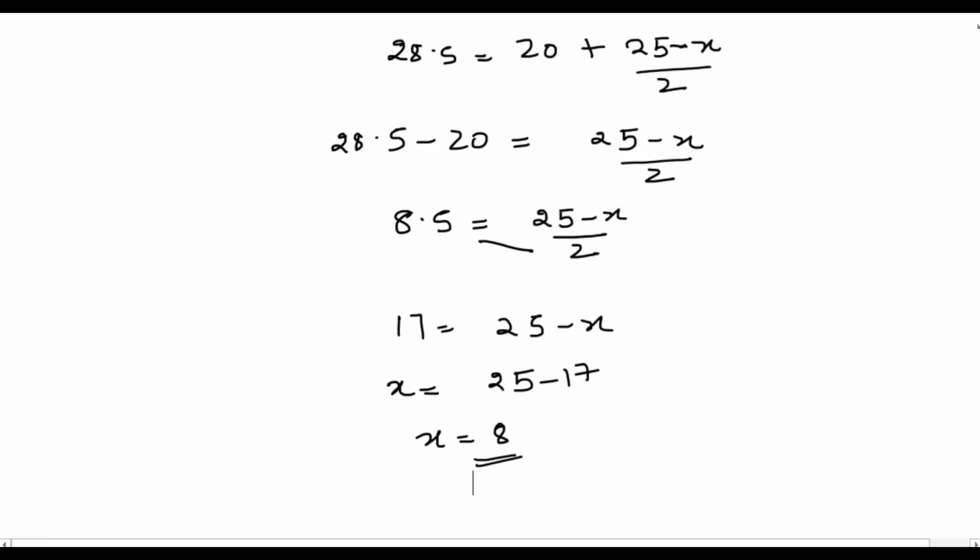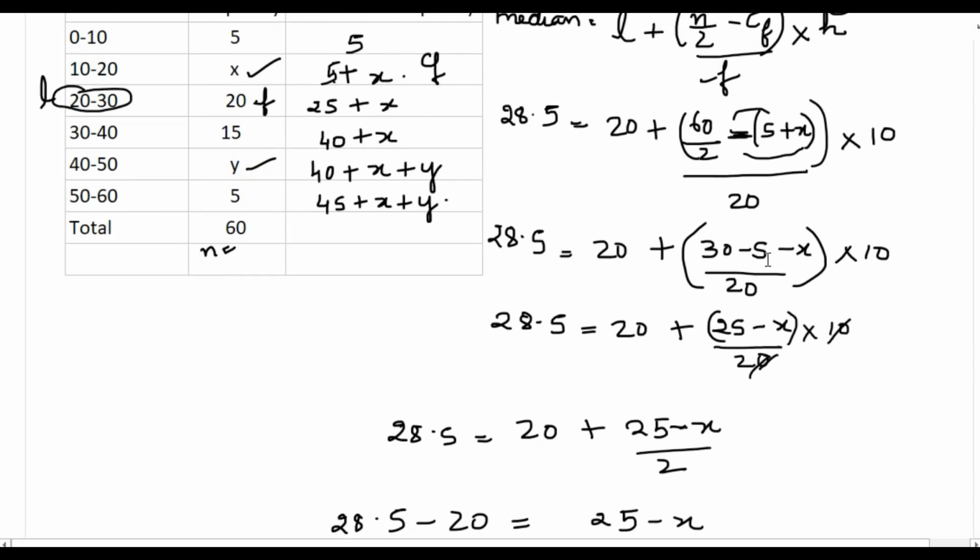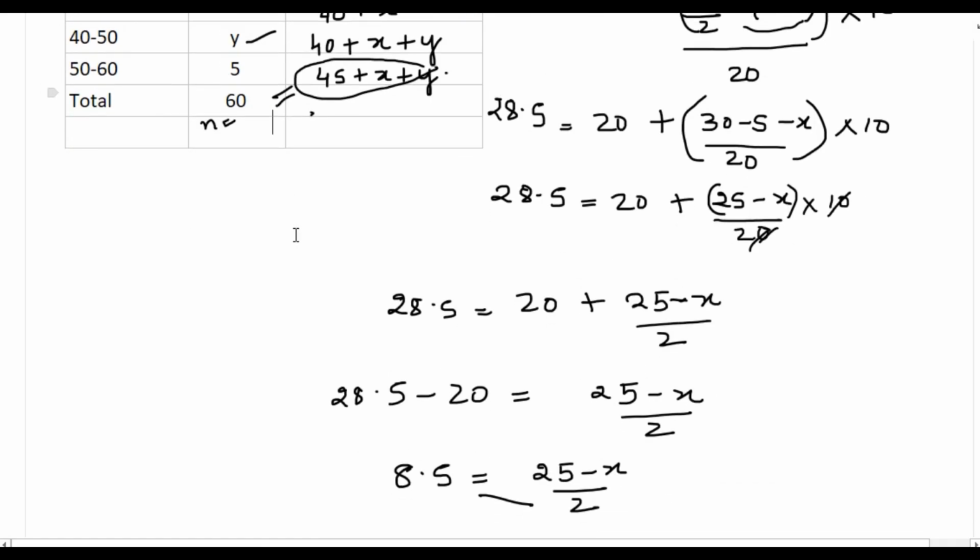Now how will you find y? For that we have to use the fact that we know the total frequency is 60. So 45 plus x plus y equals 60.